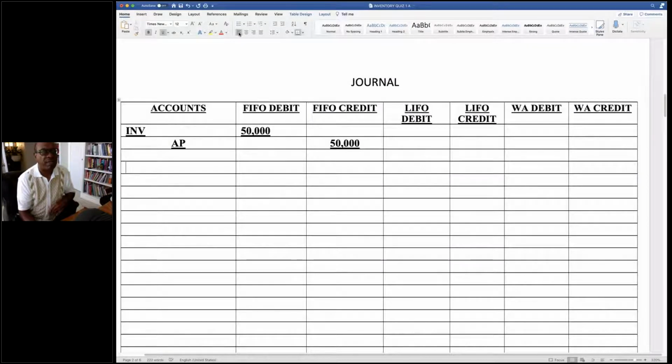Yep. Cash debited for 100,000 and sales credited for 100,000. Got a debit for 100. We got a credit for 100.